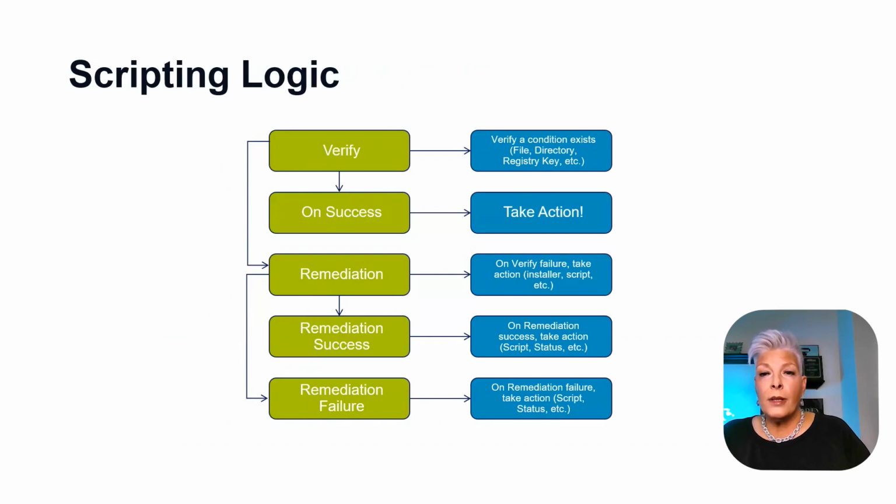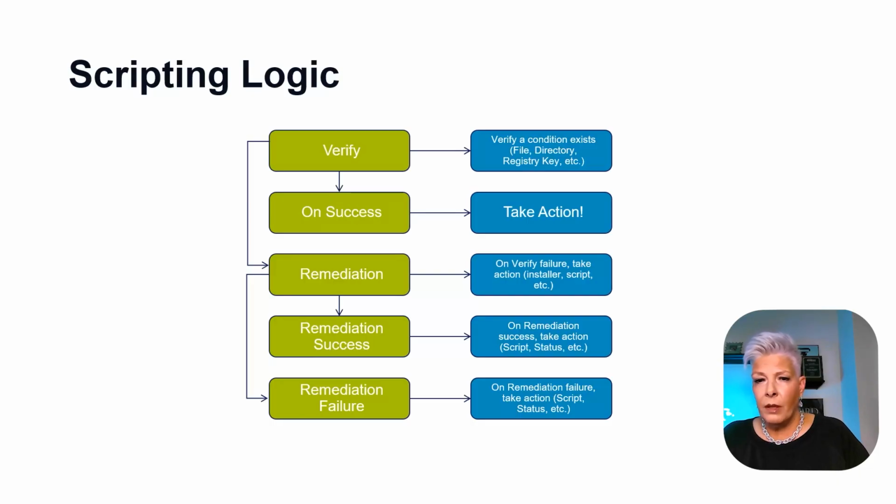Now let's discuss our scripting logic. The built-in KACE script logic is really an if, then, else statement. The KACE scripts use a graphical verify section that acts as the if statement. If the verification fails, then the script moves on to the on failure section.